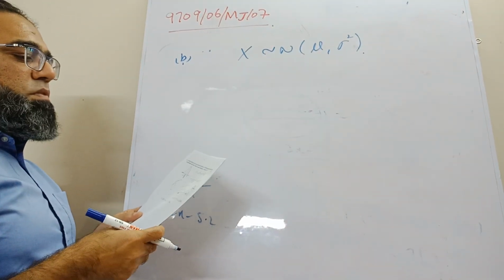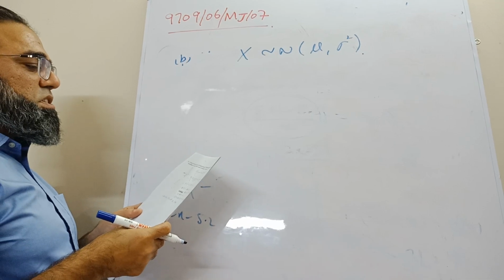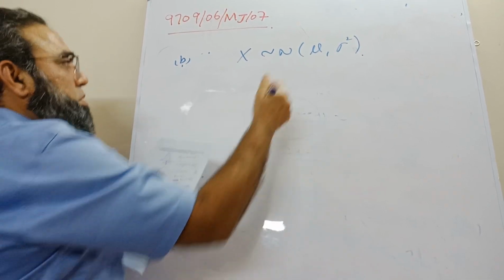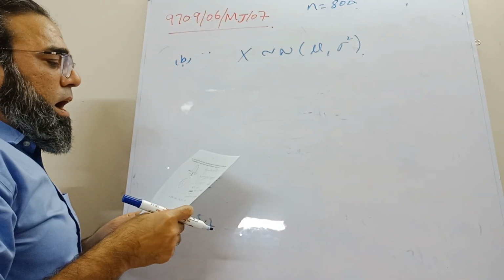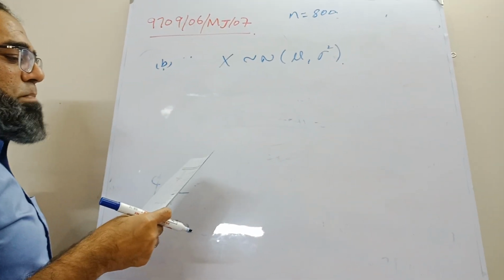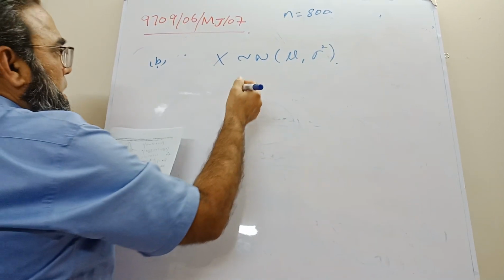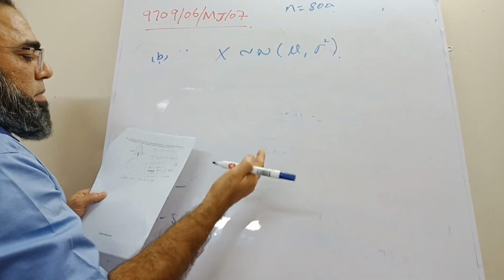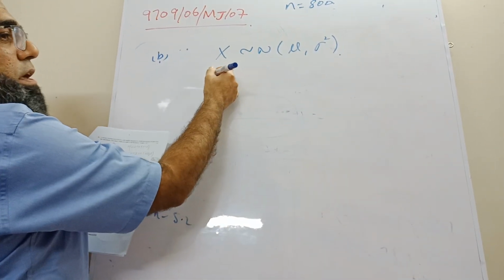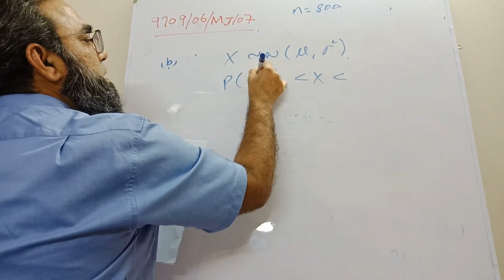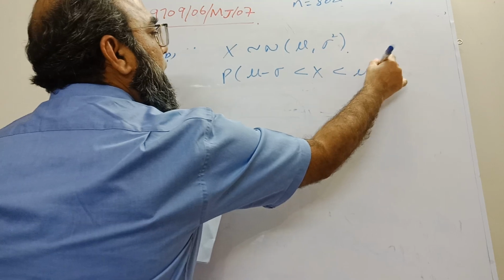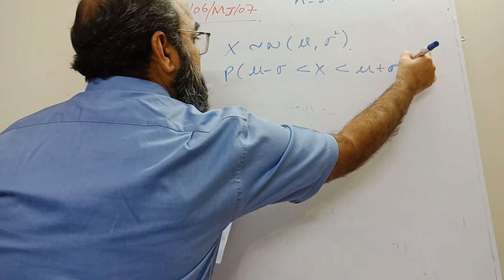If 800 observations are taken from this distribution, so n is 800, how many would you expect to be between mu minus sigma and mu plus sigma? So it's asking what is the probability that x is between mu minus sigma and mu plus sigma.